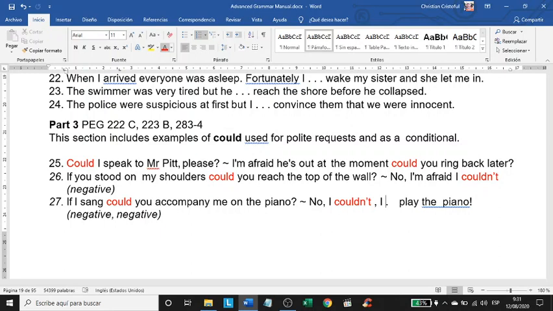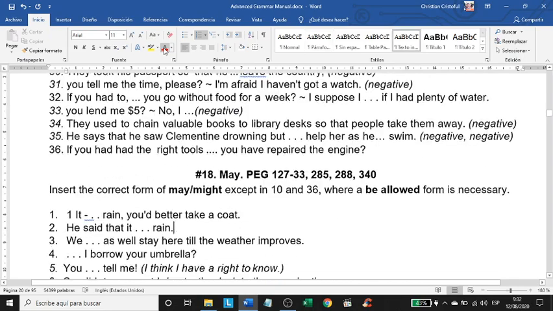I would say I can't. I couldn't play the piano. Negative, negative. I can't. But let's check the answer key. Probably it says couldn't there. Anyways. Okay. Always check the answer key.